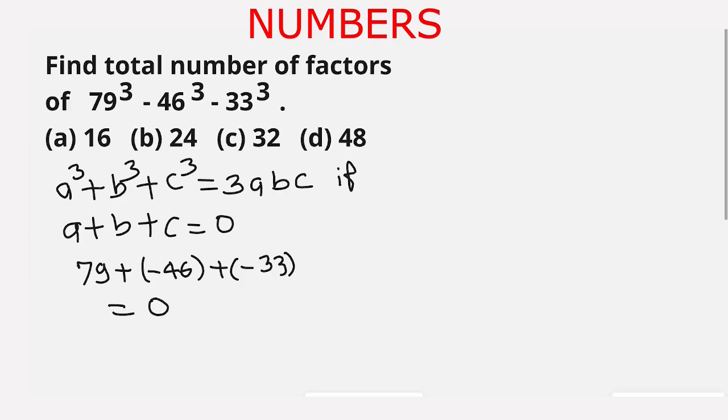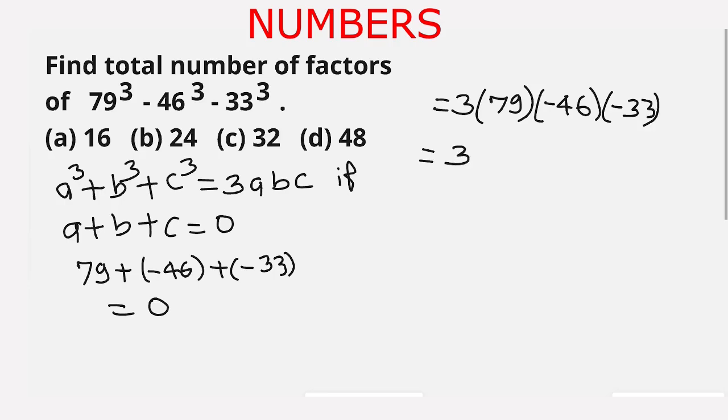Therefore, we can factorize 79 to the power 3 minus 46 to the power 3 minus 33 to the power 3. This can be written as 3 multiplied by 79 multiplied by minus 46 multiplied by minus 33, and this is equal to 3 multiplied by 79 multiplied by 46 multiplied by 33.